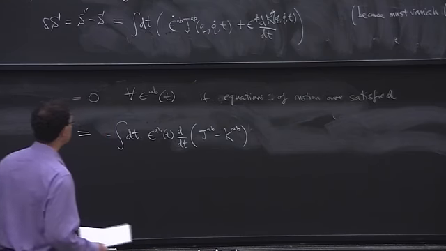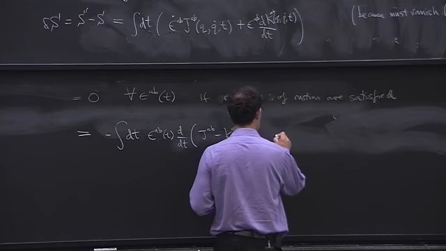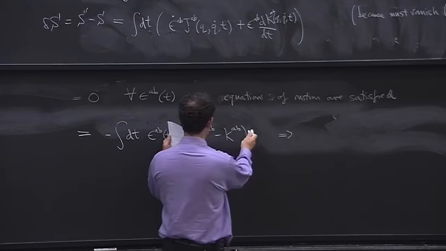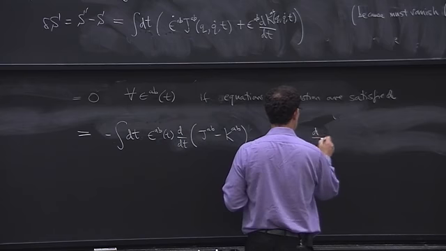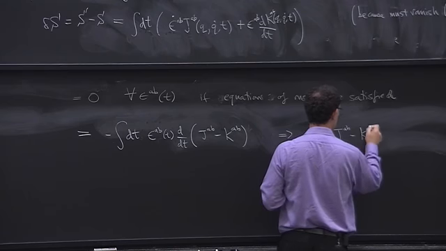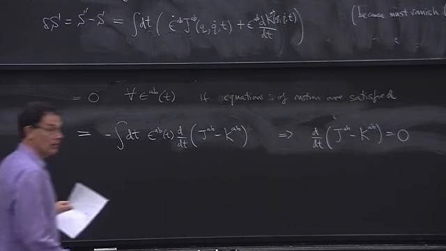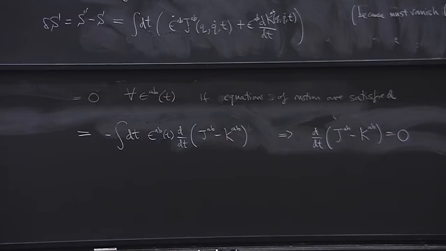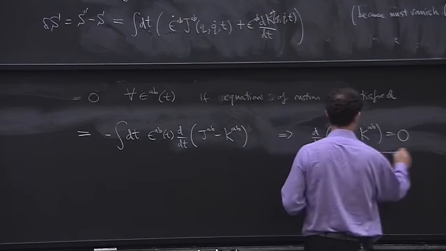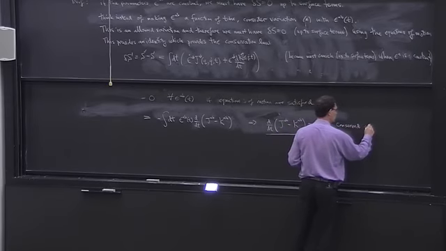Okay, and if it is 0 for arbitrary epsilon ab of t, it must be that this function is 0, and so d/dt of jab minus kab equals 0, and that's our conservation law, or conserved quantity.